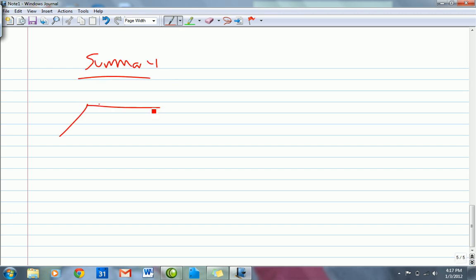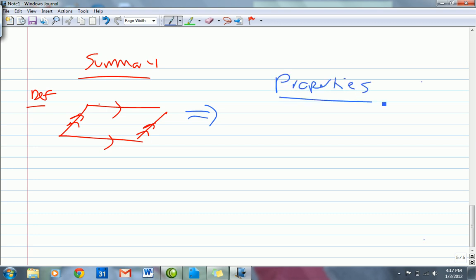Okay, so to summarize, we have the definition of a parallelogram, which looks like this. Both pairs of opposite sides parallel. That's a definition, okay, in a visual sense. And from that definition, we're able to establish some properties. So on this side, we're going to have the properties that come from the definition. Number one, opposite angles are going to be congruent.